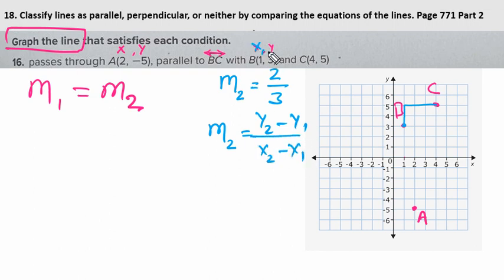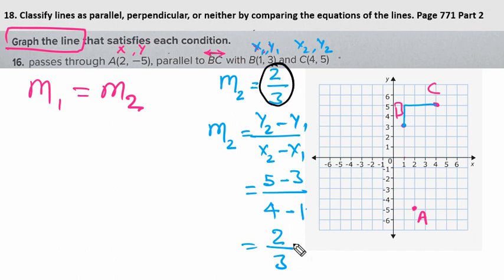Substitute these values: y2 is 5, y1 is 3, x2 is 4, x1 is 1. 5 minus 3 is 2, 4 minus 1 is 3. And that's what I did here directly from the graph.